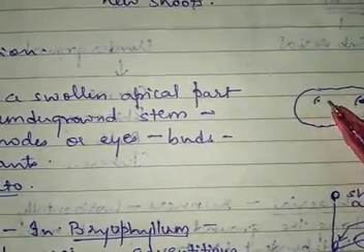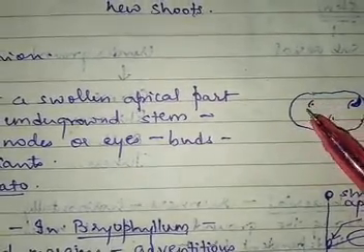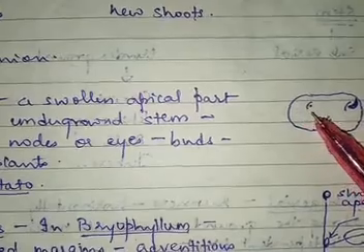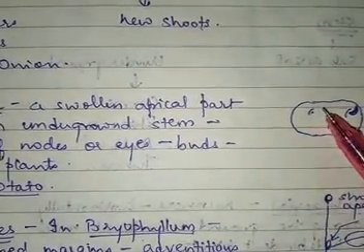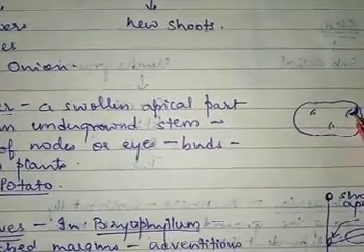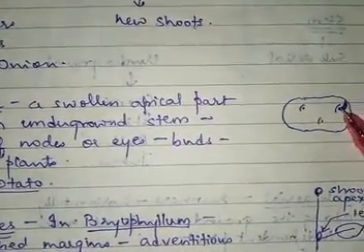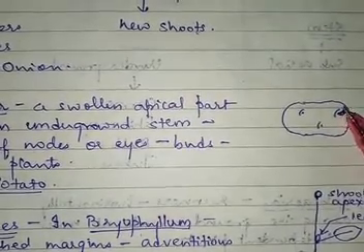So this type of eye-like structure that is present on the potato tuber is called as the eye, right? And it contains the bud. This bud germinates. You can see the germinating bud over here. This bud will be germinating and it will be producing a new plant.